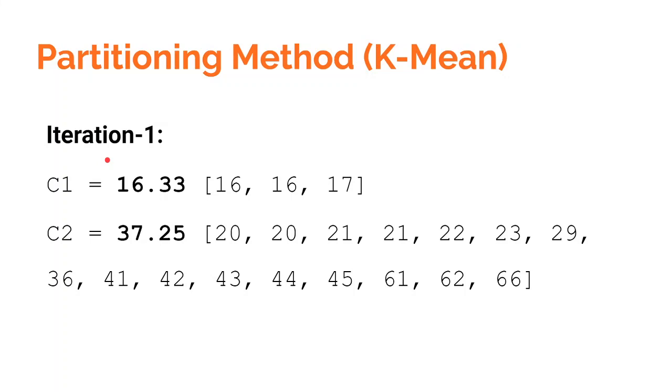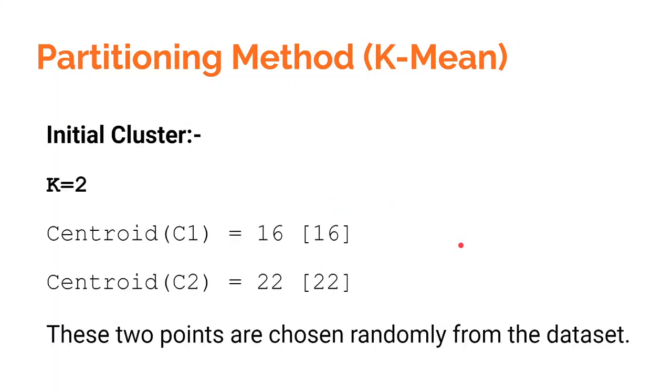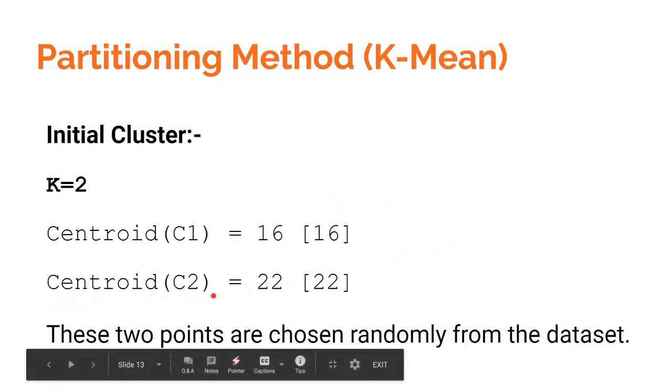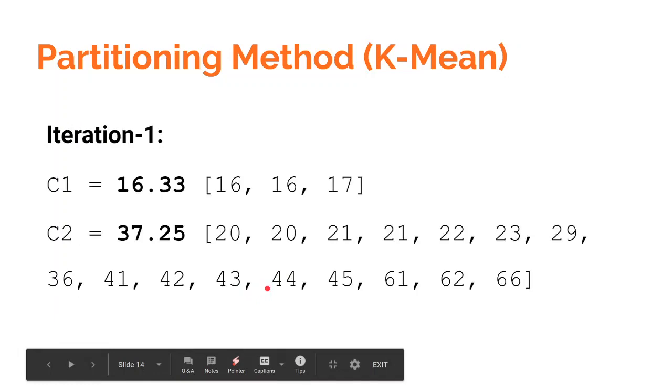Then at the first iteration, the value which is nearest to the 16, I need to arrange in cluster 1, and the value which is nearest to the 22, which is my second centroid, that is the second mean value, I am supposed to arrange in the second cluster.